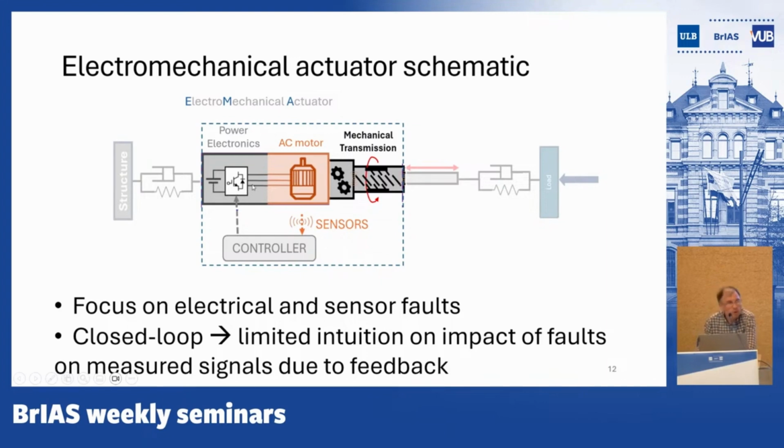There is suitable power electronics that ensures the control of the motor. Here we will focus on electrical and sensor faults, and one of the difficulties is that we are working in closed loop, so that the impact of the faults is more difficult to understand, at least from the intuitive point of view.